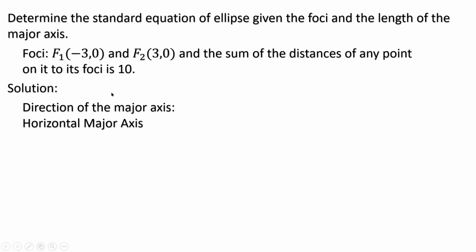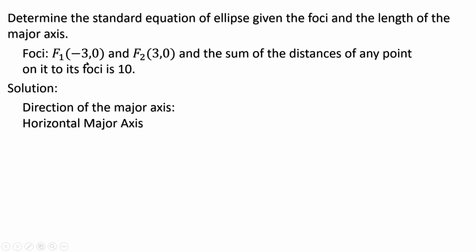How are we going to identify it? Based on our foci, the constant is 0, the y component. It means that our x is changing, so that is our horizontal major axis.